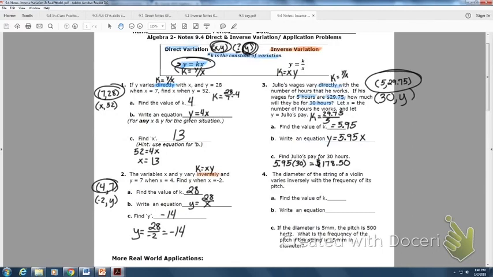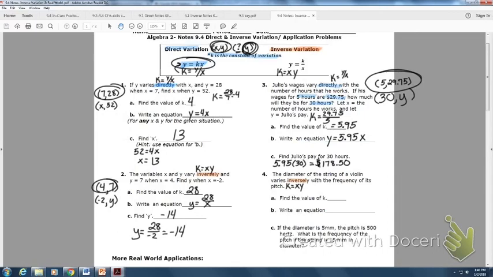Alright, so coming over here on to problem number 4. So here's a word problem with inverse. So k equals x times y again. It says the diameter of the string of a violin varies inversely with the frequency of its pitch. And so it's actually got the information down here on C. So we'll come down here to find it.